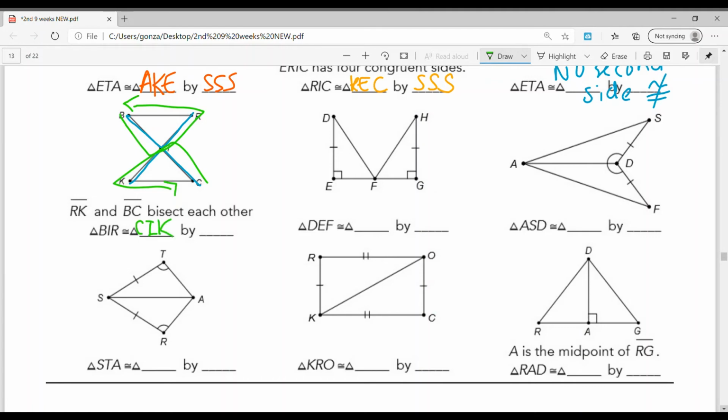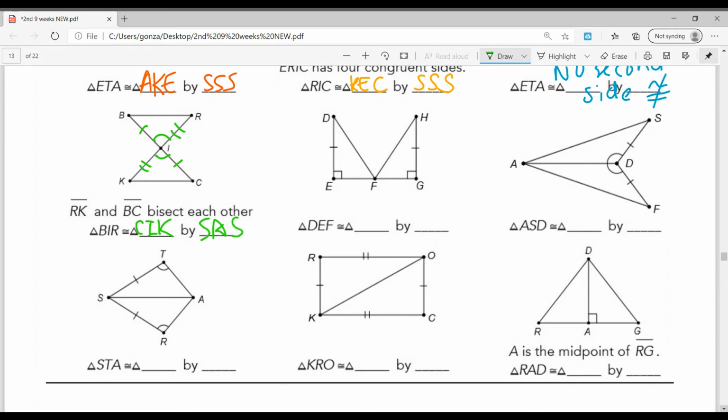And what do they have in common? Let's erase this. What do they have in common? What I see is that not only do they have sides in common, but each side is joined by an angle. So this makes this one side, angle, side.